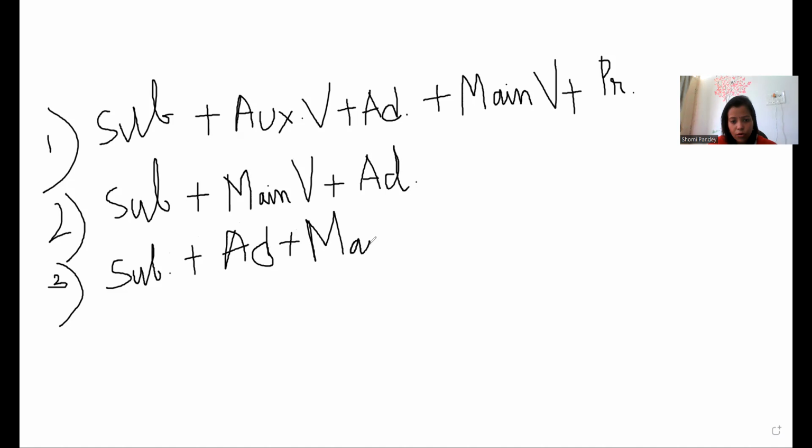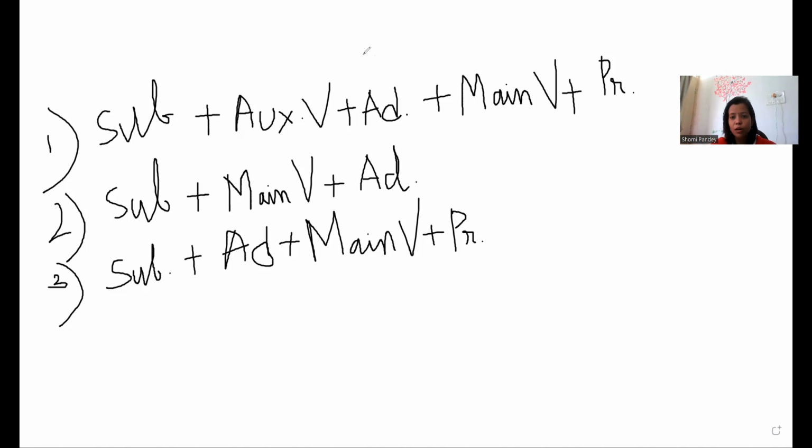So this is the main verb, and then you have the rest part of the sentence, that is the predicate. Okay, so this can be also one setup. So please keep a note regarding the position of the adverbs.